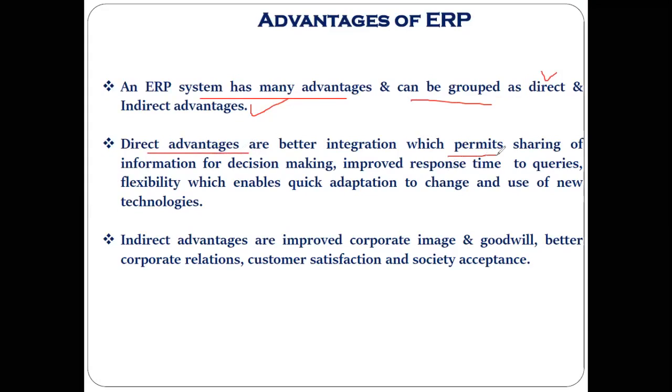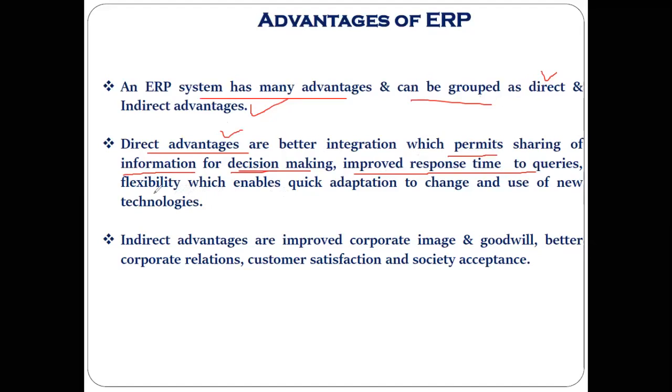For example, as we have discussed a number of times, using the ERP, sharing of the proper information happens, and because of that quick decisions can be made. That comes under the category of direct advantages. Improved response time to queries: if the customer asks the company some queries regarding the product, because of the ERP we can give a quick response to the customer regarding their problems.